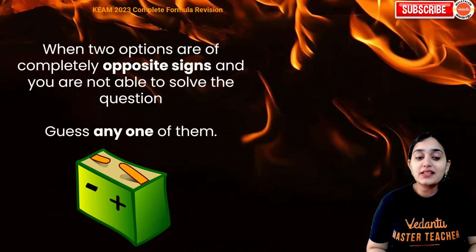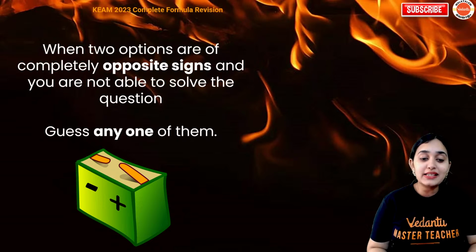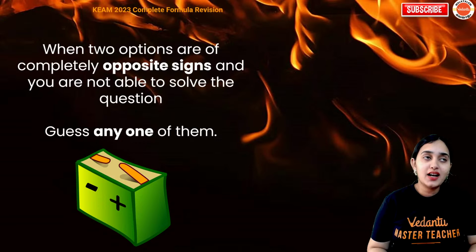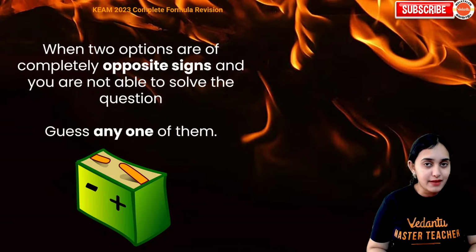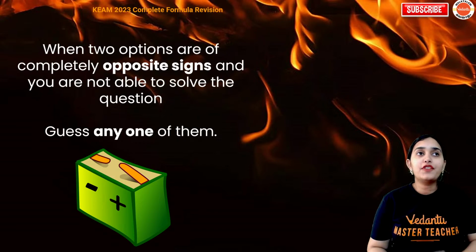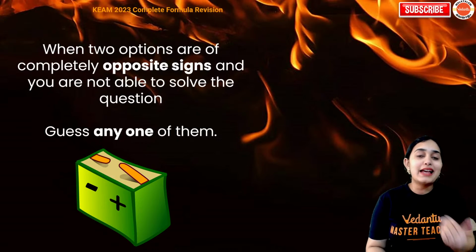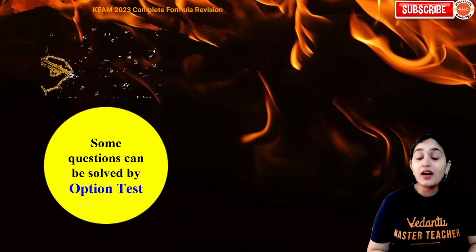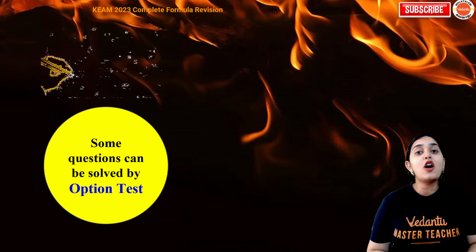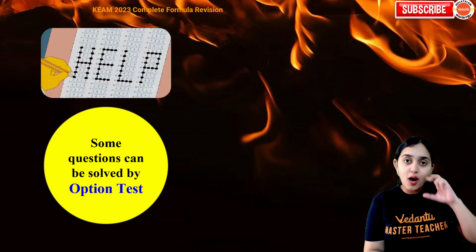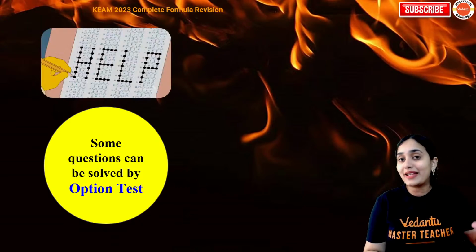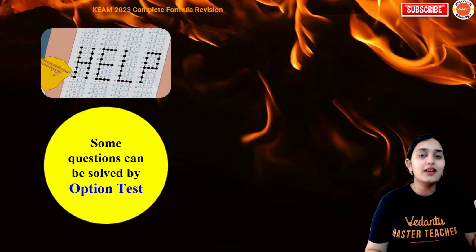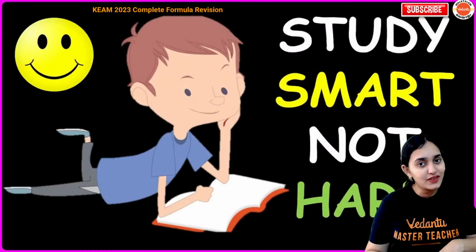And when two options have completely opposite signs and you are not able to solve the question, then guess any one of them, because generally if two options are very similar and only the sign is different, one of them is the answer. Some questions can be solved by option test. By looking at the options, sometimes you can solve the question. So if you are not at all able to remember how to solve the question, try looking at the options. Maybe that will help you.